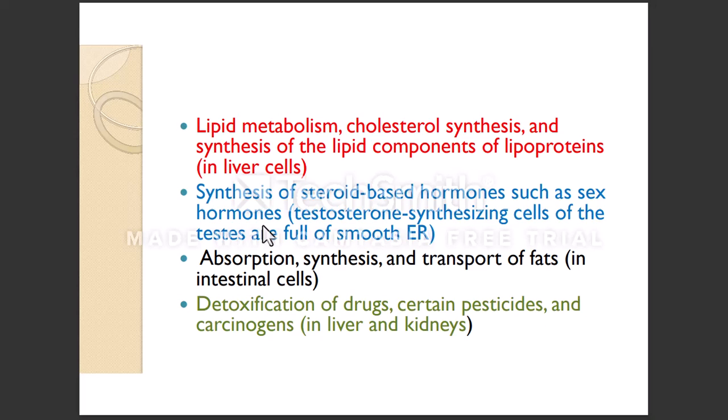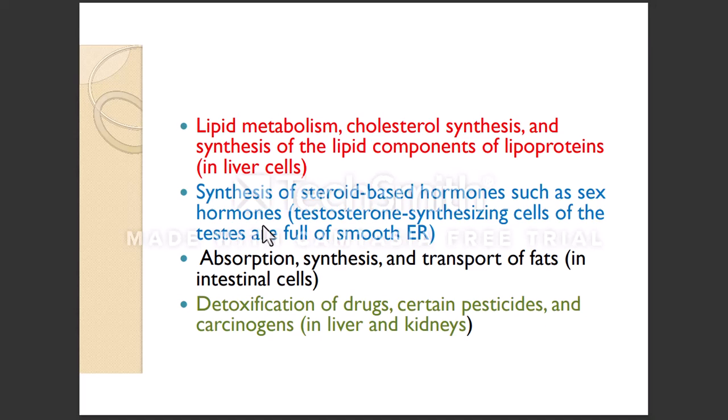Now the smooth endoplasmic reticulum is involved in lipid metabolism, cholesterol synthesis, and synthesis of lipid components of the lipoproteins. So also synthesis of steroid-based hormones such as sex hormones, such as testosterone; the synthesizing cells of the testes are full of smooth endoplasmic reticulum. You'll find a question in the exam that will ask: a cell which produces steroid hormones possesses a majority of the following.